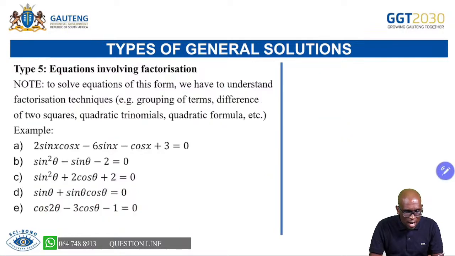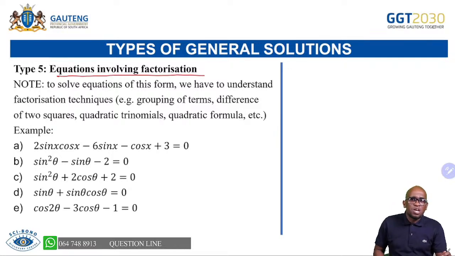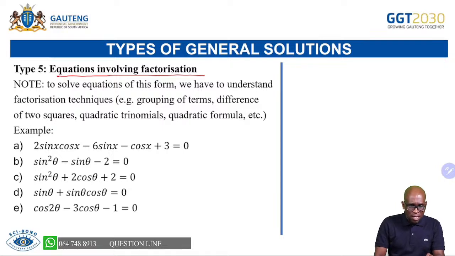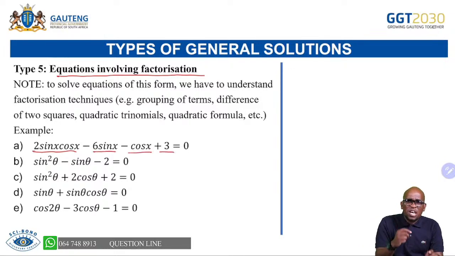Right, I'm going to the last type, that is type 5. Type 5 are those that involve factorization. You should be able to do that, but it is important for you to revise grade 10 and 11 factorization concepts. Now if you look at this, you have 2 sin x cos x minus 6 sin x minus cos x plus 3. There are 4 terms.